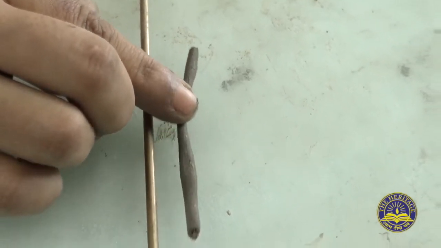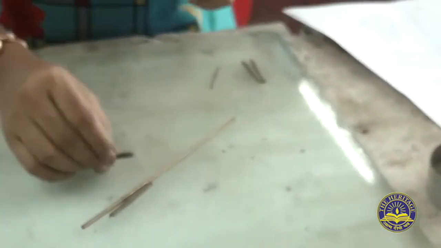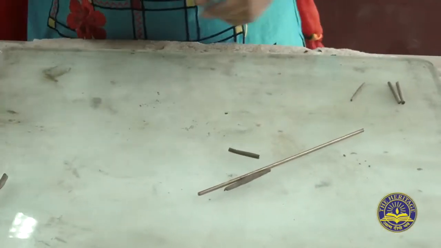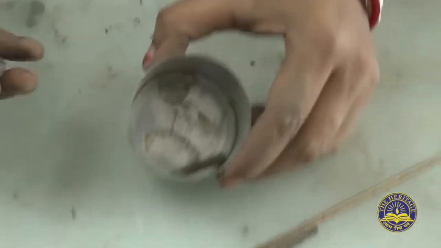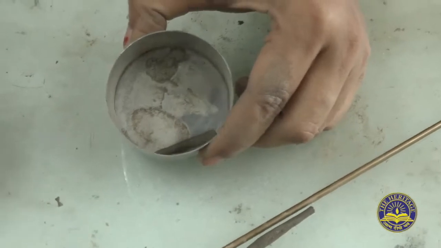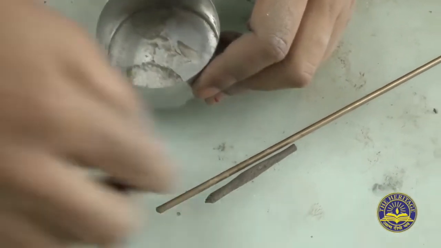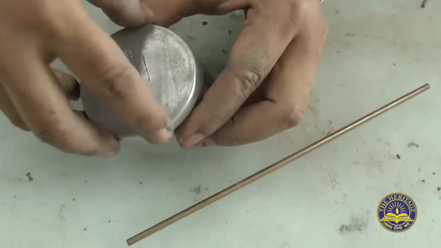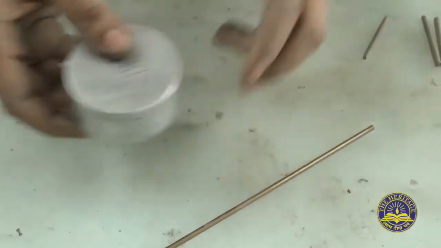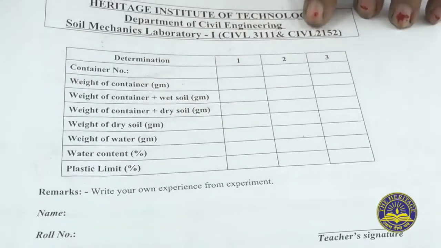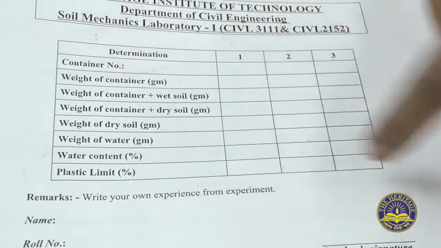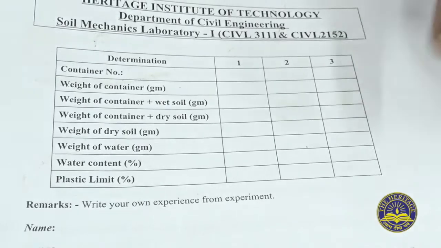So in this portion we have to take the soil sample to determine the moisture content, so we take the soil sample in this box. We have to repeat this same test 3 times. We will get the plastic limit water content, and then we average, we will get the plastic limit.